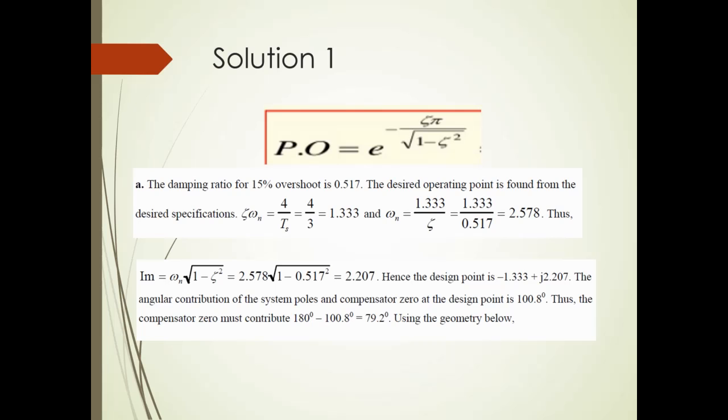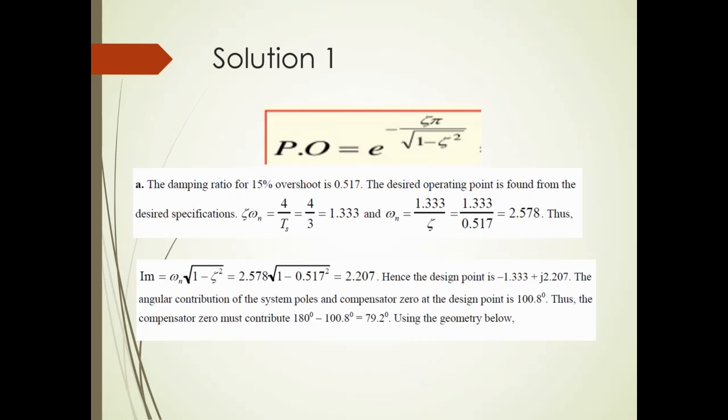So the formula with the settling time is damping ratio multiplied by Wn is equal to 4 over Ts. 4 is the common factor. So 4 over 3, we get 1.333.